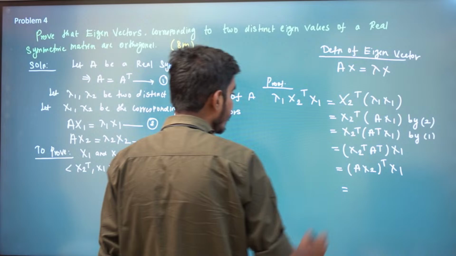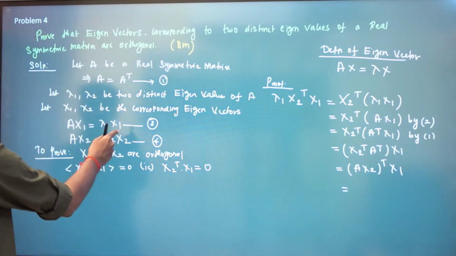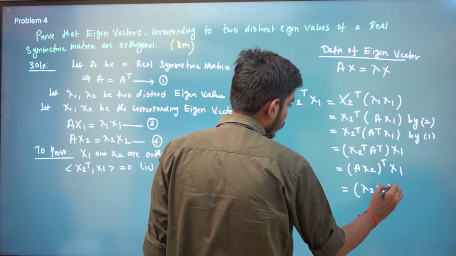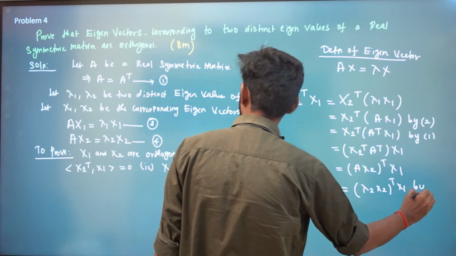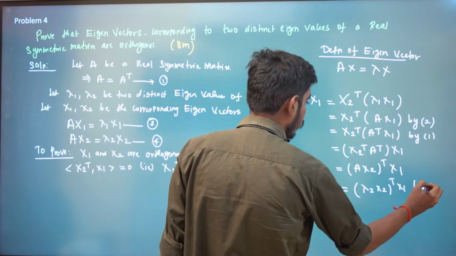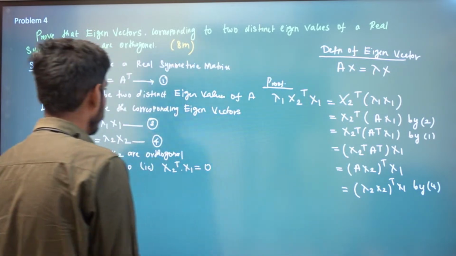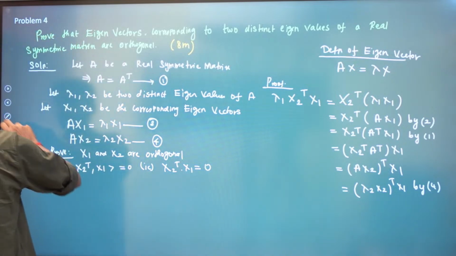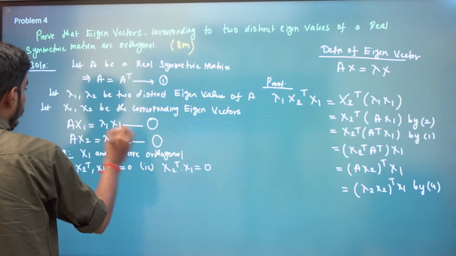Now, what is A x2? Can I write A x2 as lambda 2 x2? I forgot to put the numbering. Sure, okay. I'll write this as (2). I'll write this as (3).